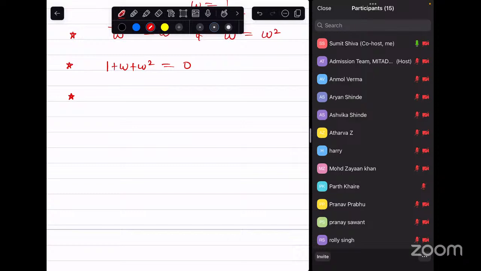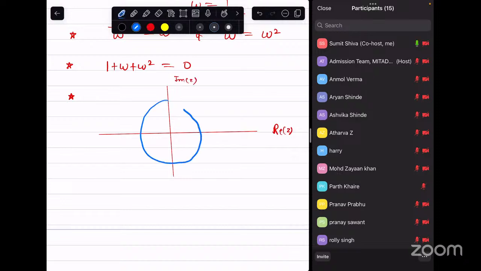Next important property is if you plot these roots 1, omega and omega square, you will get something like this. This is the real axis and this is the imaginary axis. And here we have a circle of radius 1 unit. This particular point is 1.